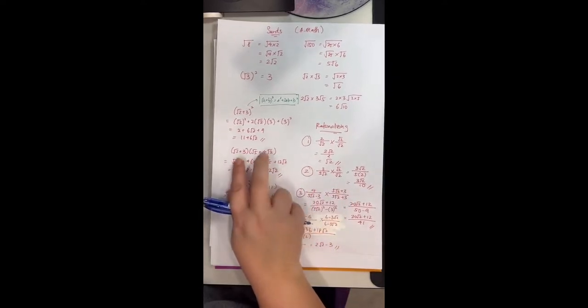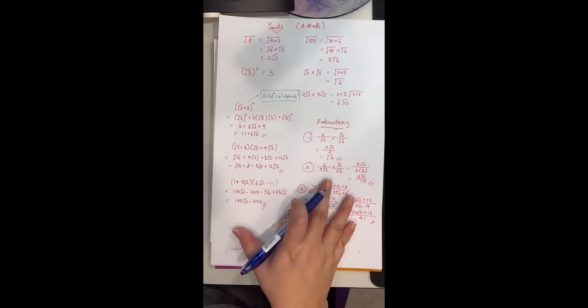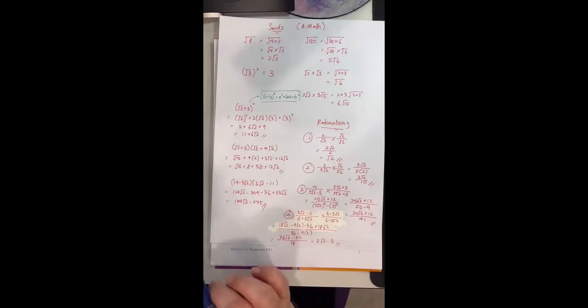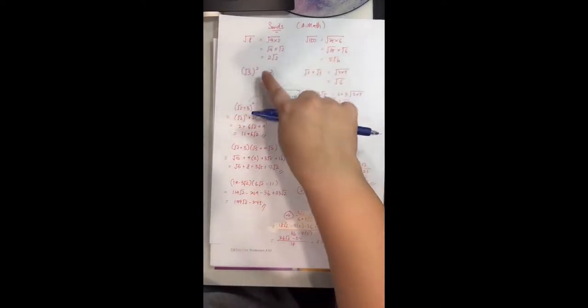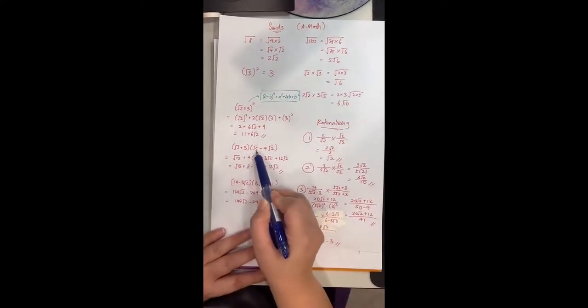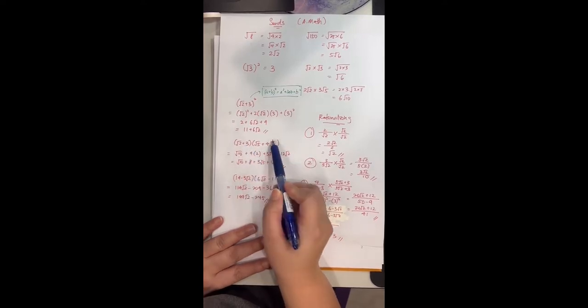Okay, now this type is when it's two different brackets. So you just rainbow as per normal. How to manipulate surds, I already taught the basics at the top, right? So it's just the same. You see square root 2 times square root 5, we know that it's square root 10. Then rainbow this and this.